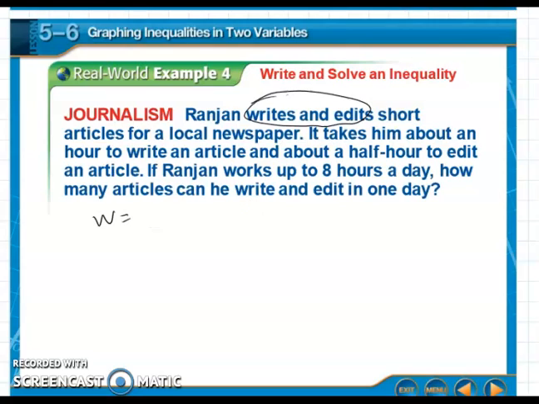So he says it takes him about an hour to write an article and about half hour to edit an article. So we want to find out how many articles. So to write, this is the number of articles written. Let's change that to x.